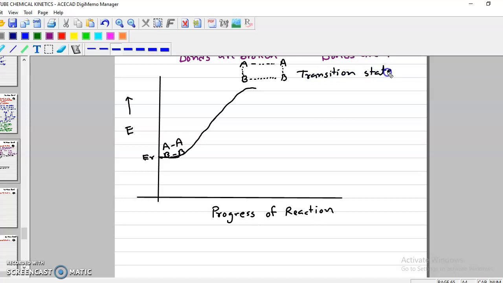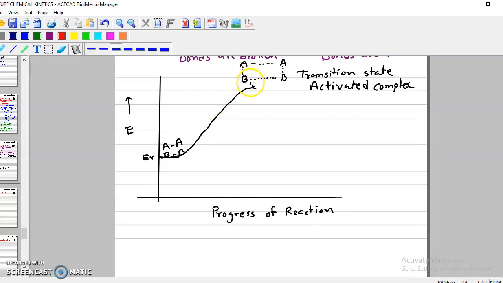This is called the activated complex, because we have given energy, so the molecules are in an activated, excited state. It is neither product nor reactant. When energy is given, repulsion takes place and therefore the distance between atoms increases.